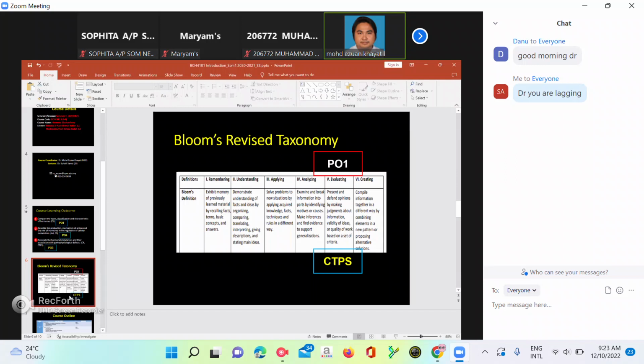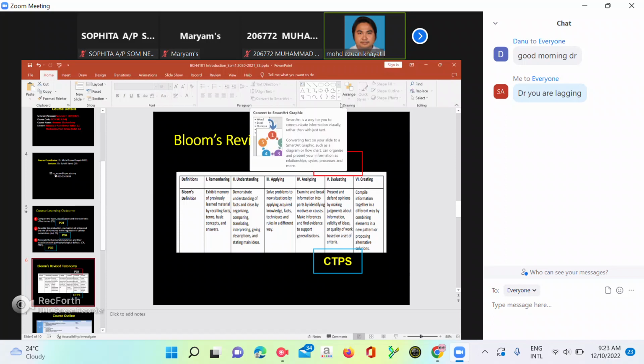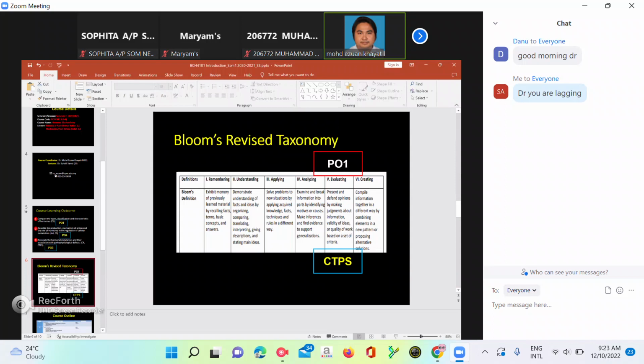So the questions will be around the ability of the student to evaluate. We will design the questions for the student to evaluate the situation: present and defend opinion by making judgment about information, validity of ideas, quality of work based on a set of criteria. So we give you maybe the criteria of the disease, then you have to give us the mechanism behind it, something like that. So you have to be able to evaluate.